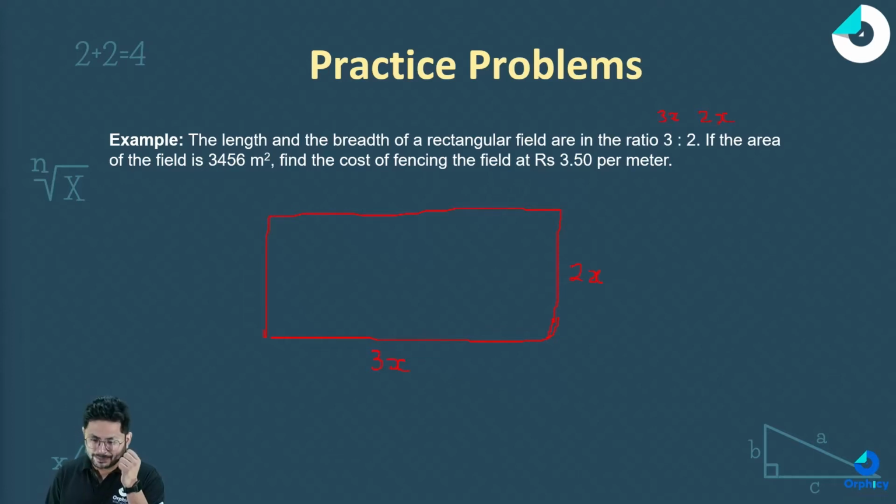is given. So I can say that the area of this rectangle should be equal to 3x into 2x, which is 6x square, and the area is already given in the question, which is equal to 3456.